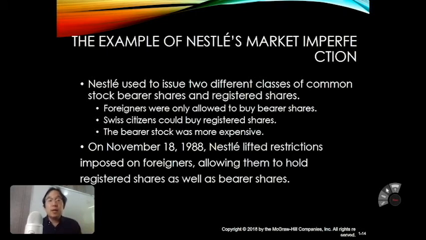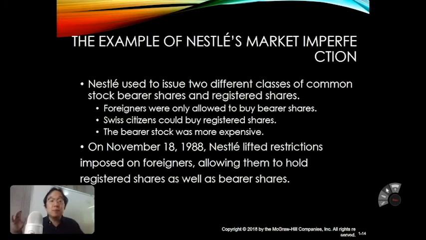But on November 18, 1998, Nestlé lifted the restrictions imposed on foreigners. They allowed them to hold registered shares from then on. So guess what happened to the registered share price and the bearer share price? The demand for registered shares was only coming from Swiss people, but now comes from all around the world. So the demand increased like crazy. How about the bearer shares?